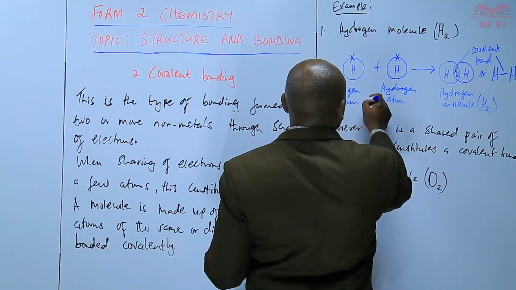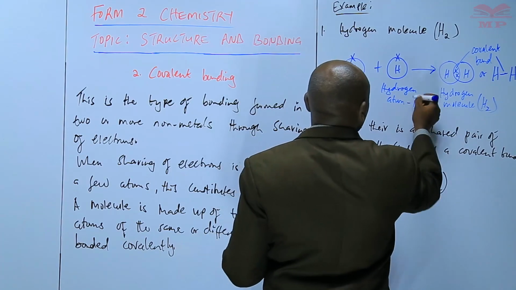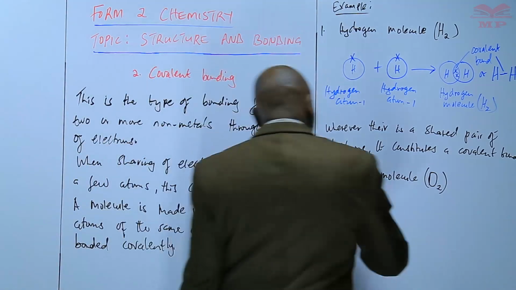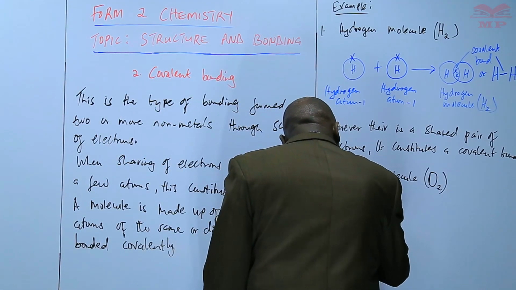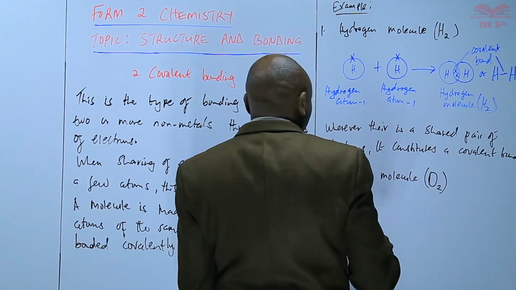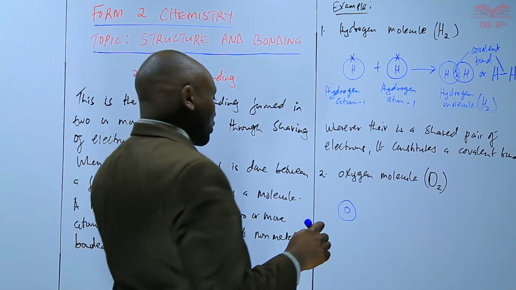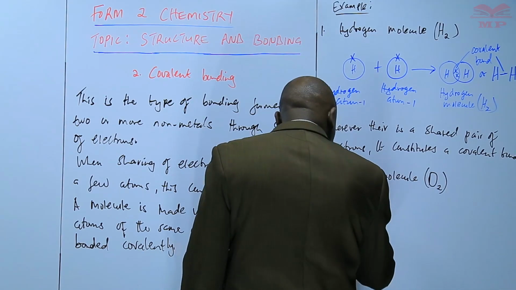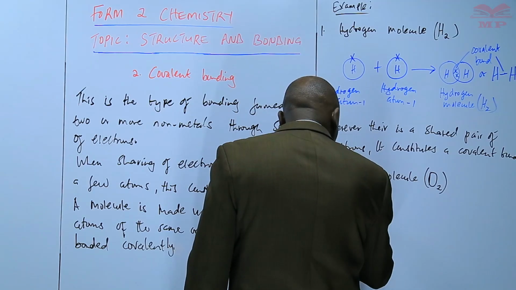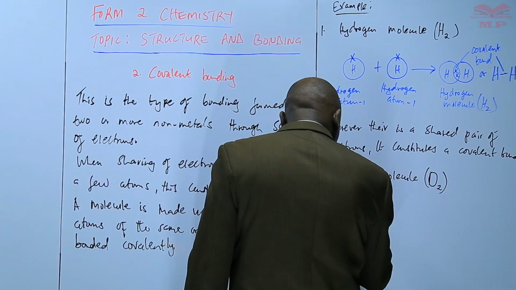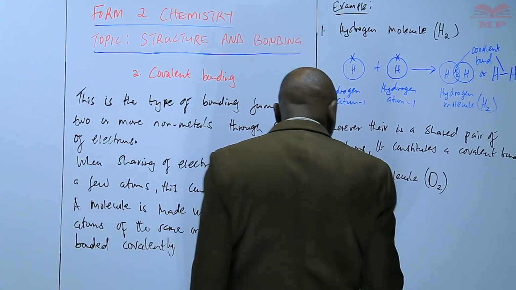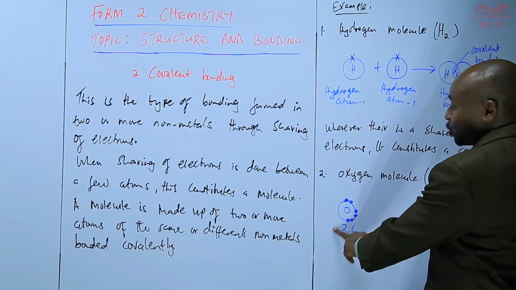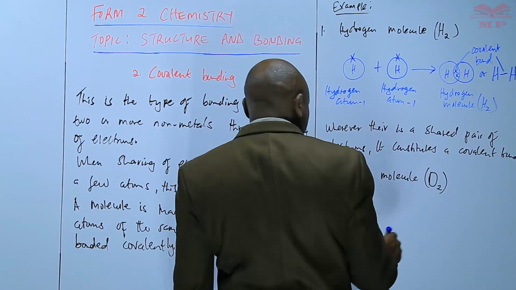So the oxygen molecule will have an oxygen atom O. An oxygen atom is 2, 6, so we only show the outermost electrons here. 1, 2, 3, 4, 5, 6. Only the outermost electrons are shown because they are the ones used in bonding, the valence electrons.